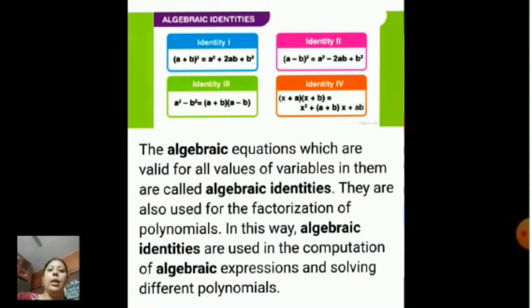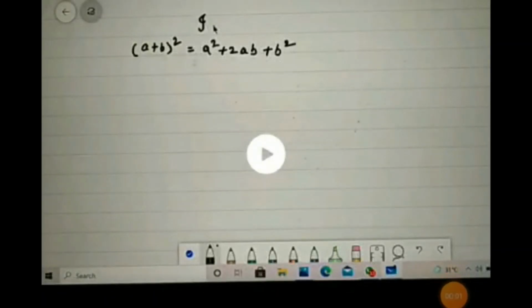That is called an algebraic identity. You will not be finding a particular value of a and b; rather you will see it is satisfied by all the values you have assumed. So it is called algebraic identities.